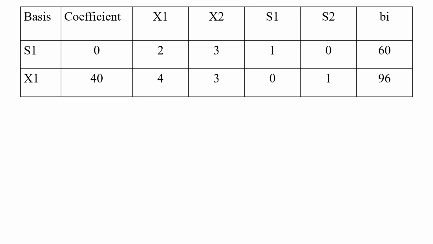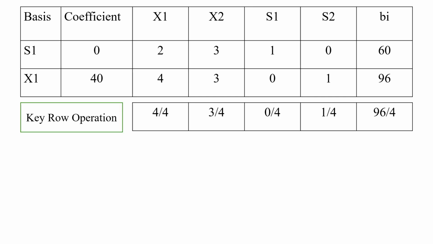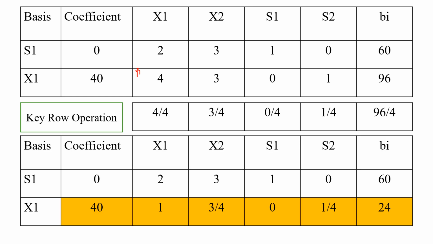What you will do, you identify the key row, already completed, then you modify the key row by operations. What I said is that every value in the key row needs to be 1. How can you do that? 4 divided by 4, whatever the key element is, divided by the same, then automatically the value will be 1. Then 3 divided by 4, then 0 divided by 4.